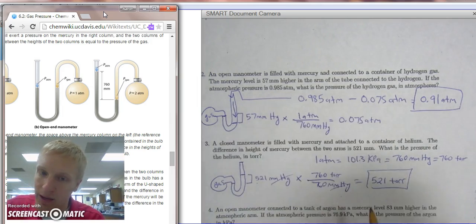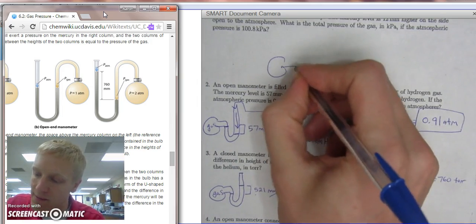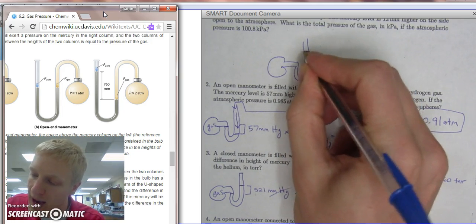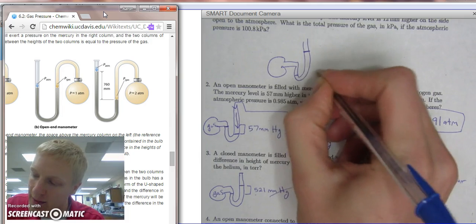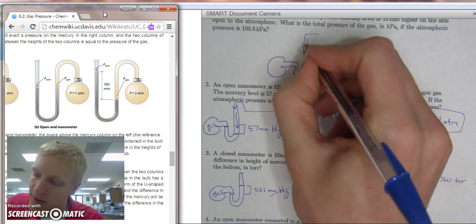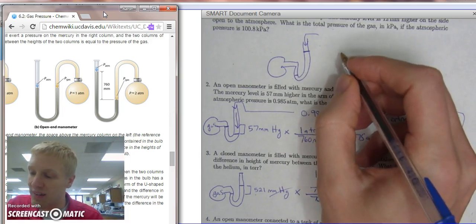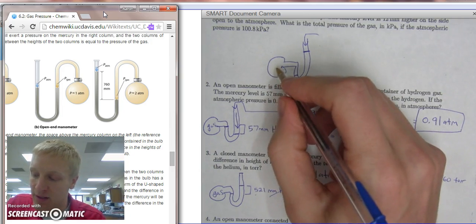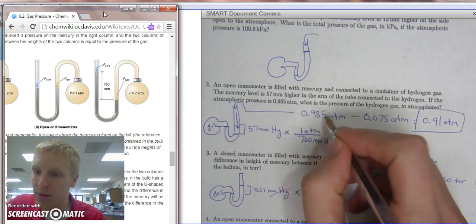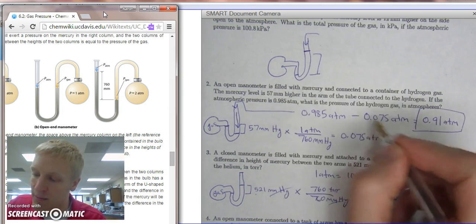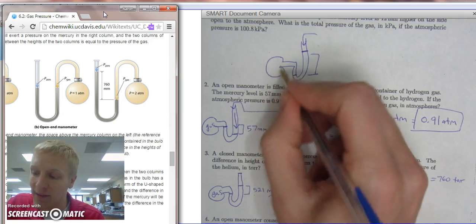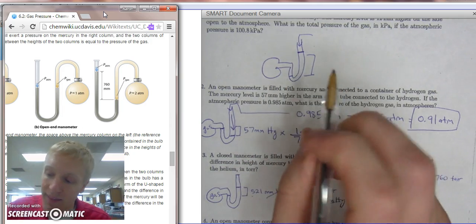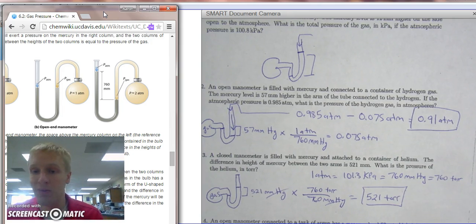If it was the other way around, drawing a picture of that, where it is higher on the atmosphere side, that would mean that my atmospheric pressure is not as strong, it's going to be lower than what my gas chamber pressure is. So therefore I would take my atmospheric pressure and my difference in mercury and add them together to have it equal a higher pressure in this gas chamber. And that is how you do open and closed manometer problems.